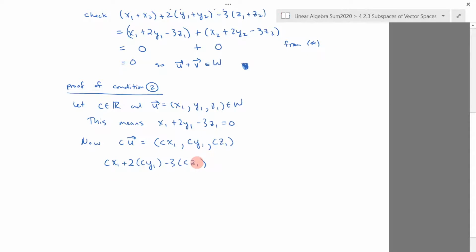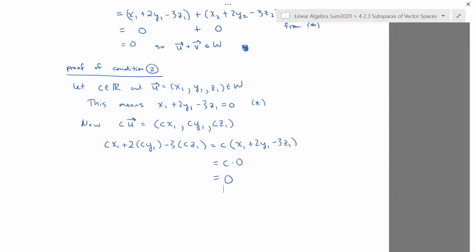Well, c is a common factor, so I can factor that out. And then this is just the same as this, right? So this part is equal to 0. But anything times 0 is equal to 0.